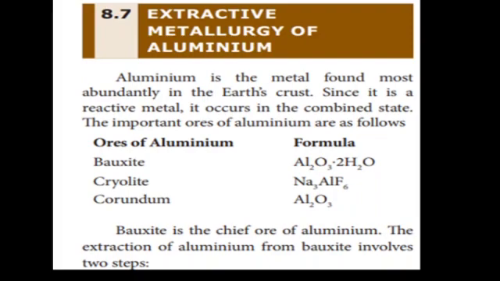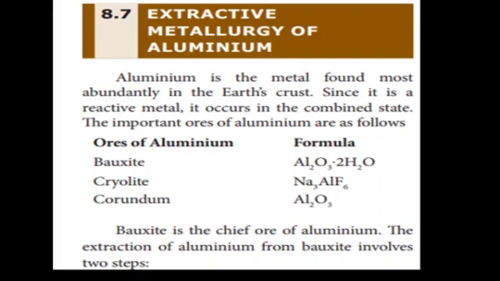The important ores of aluminium. What are the important ores of aluminium? First one is bauxite, second one cryolite, third one corundum. The formula of bauxite is Al2O3·2H2O. Cryolite is Na3AlF6.